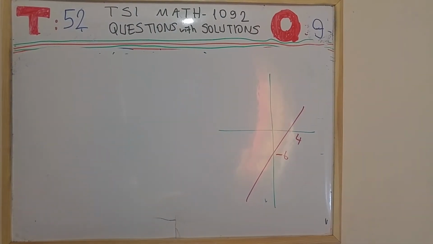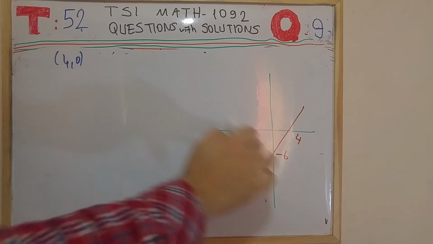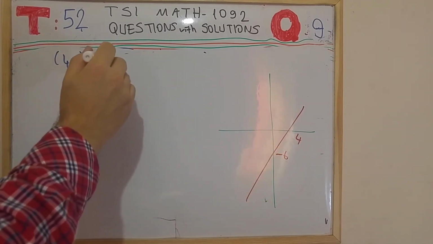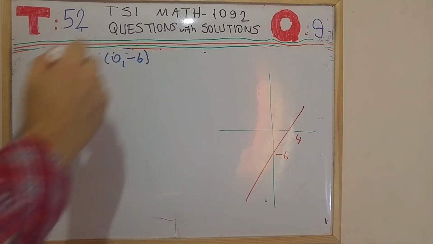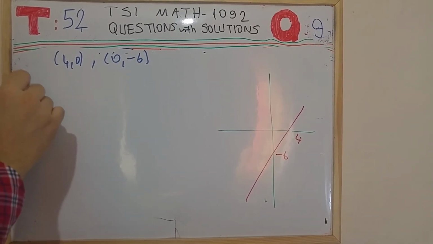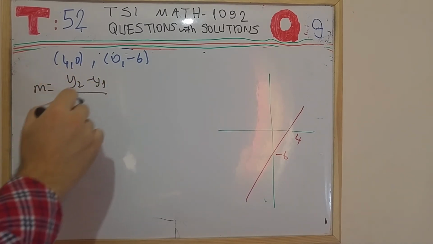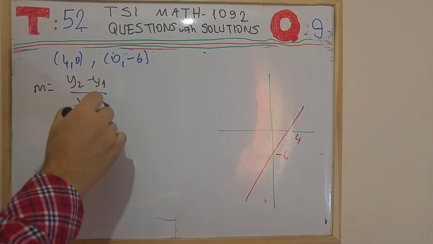Now we know 2 points of this line, which are 4, 0 and 0, minus 6. And the slope of a line is found by y2 minus y1 over x2 minus x1.